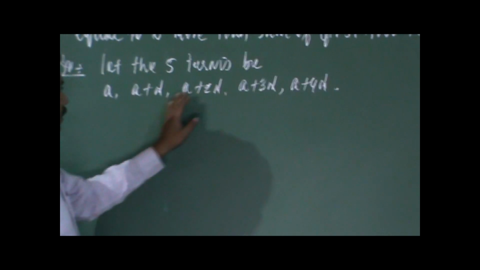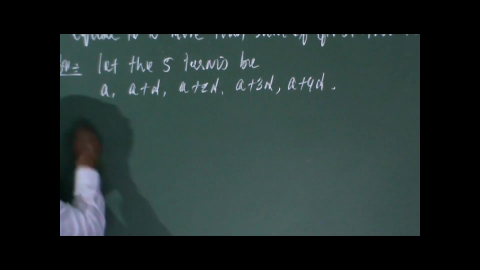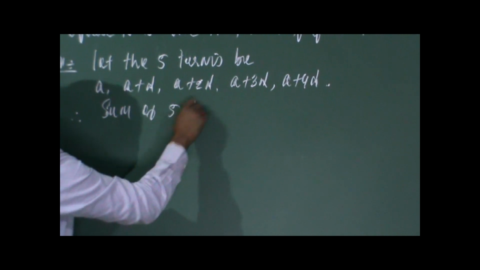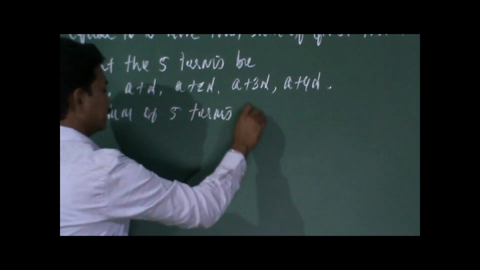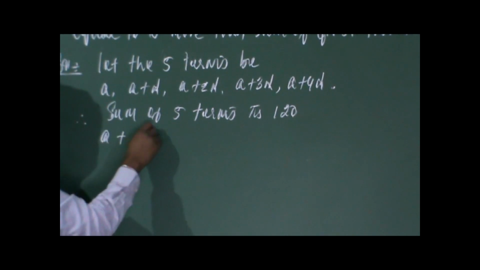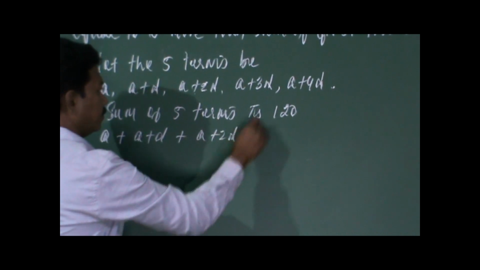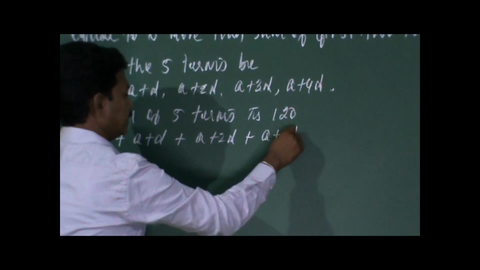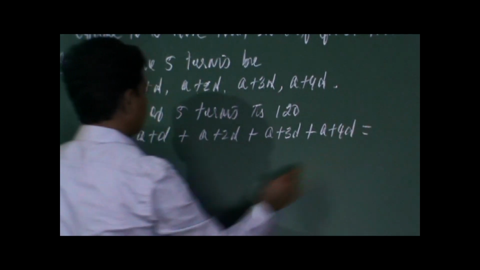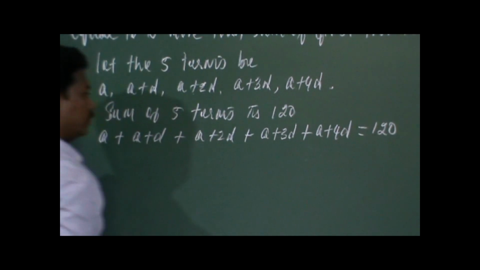Now, the sum of these 5 terms is 120. That is the first condition he has given. Therefore, the sum of 5 terms is 120. This can be written as a plus (a plus d) plus third term (a plus 2d) plus fourth term (a plus 3d) plus fifth term (a plus 4d) is equal to 120.